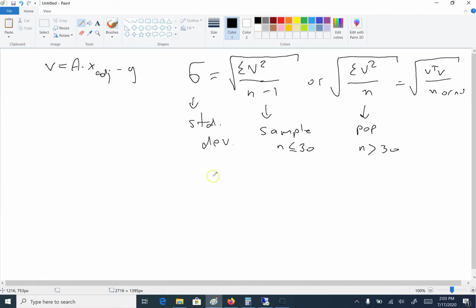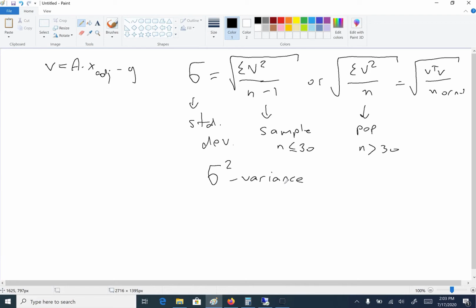And the square of this, sigma squared, is called the variance. The standard deviation tells us how close the measurements are to each other. The smaller the standard deviation, the closer the measurements are to each other.